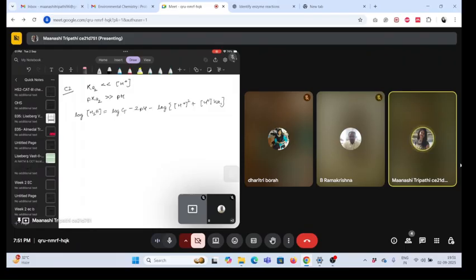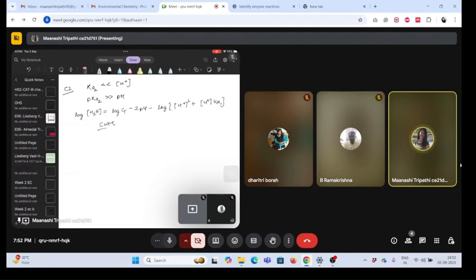So rather than being a straight line, this will be a curve.